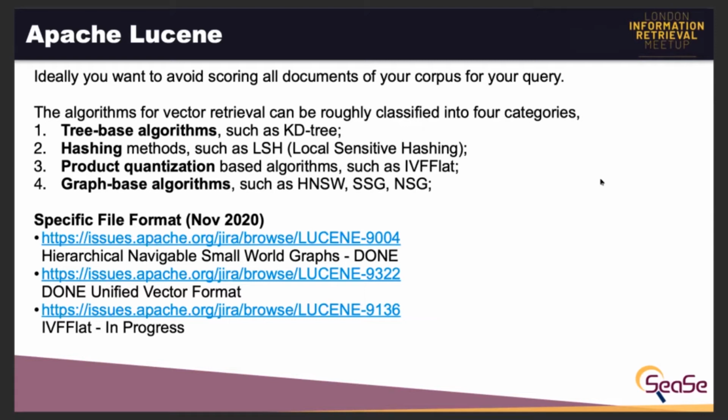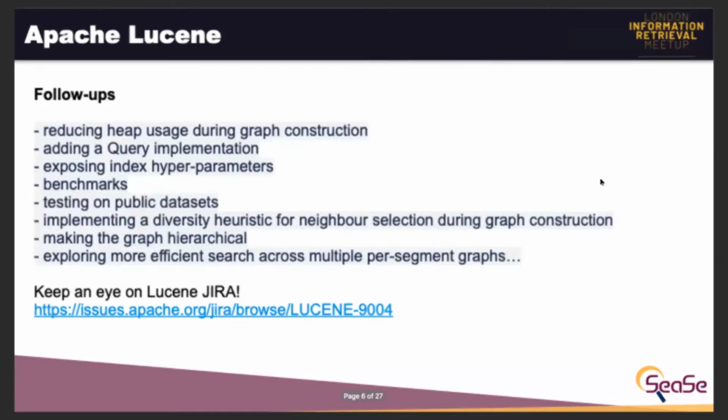This is quite an important milestone for vector-based search in Lucene, because it gives you the possibility of having a dedicated file format. As we're going to see with the Apache Solr and Elasticsearch current approaches, they leverage other data structures that were in Lucene, Solr and Elasticsearch before, and they basically just try to reuse them.